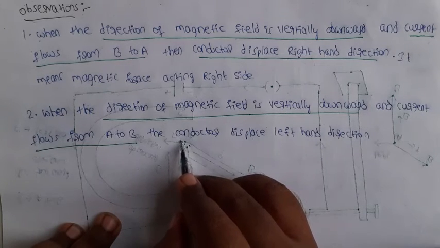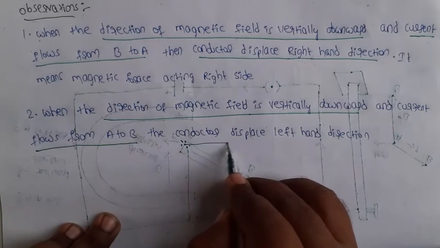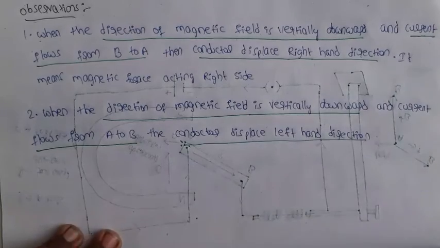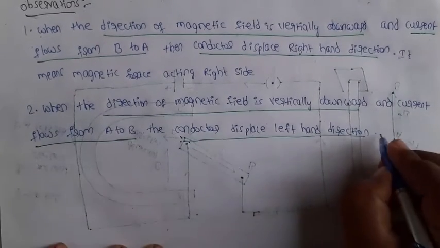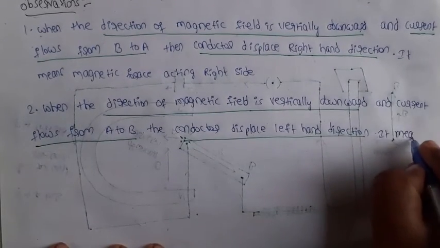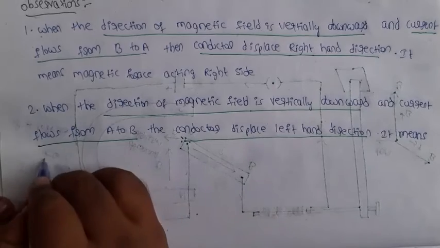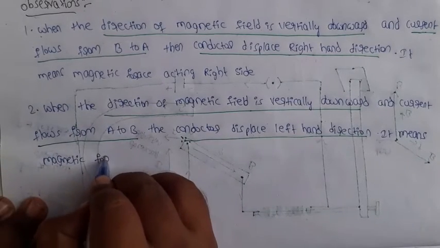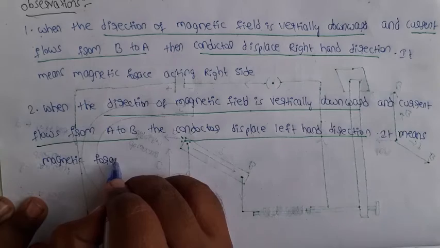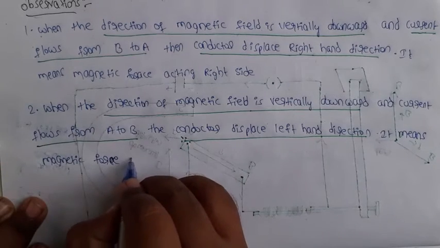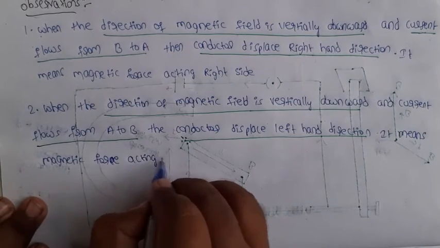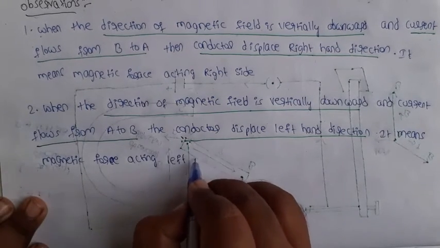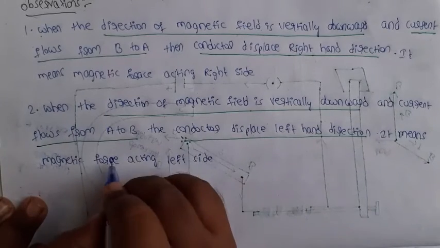Due to that magnetic force, the conductor displaces in the left hand direction. It means the magnetic force is acting on the left side.